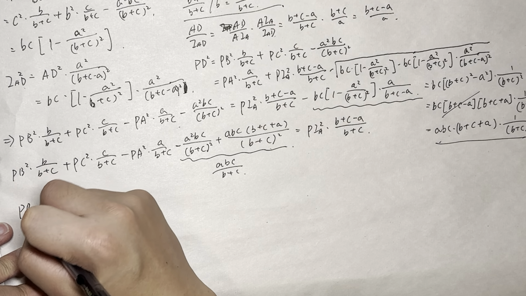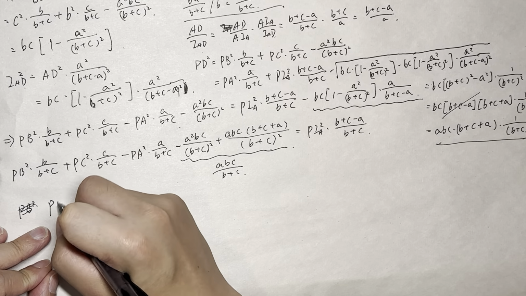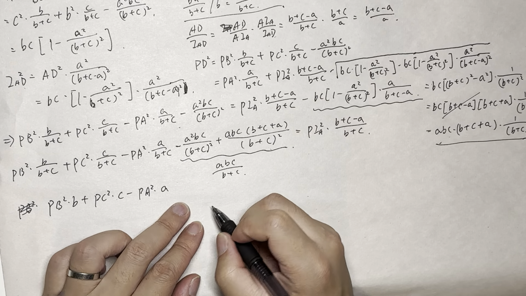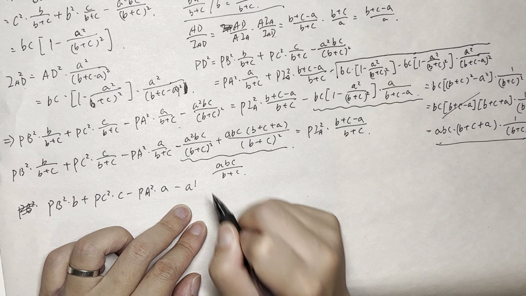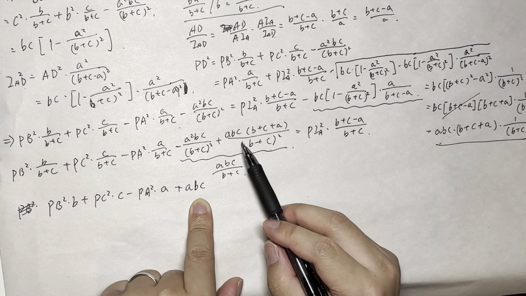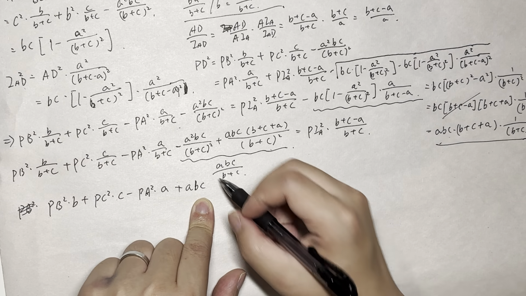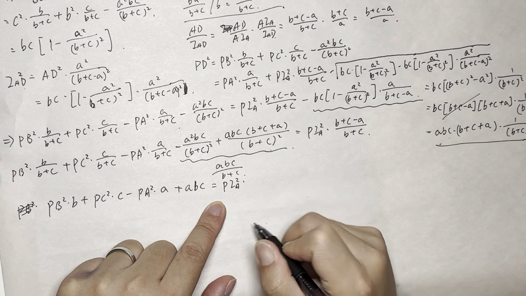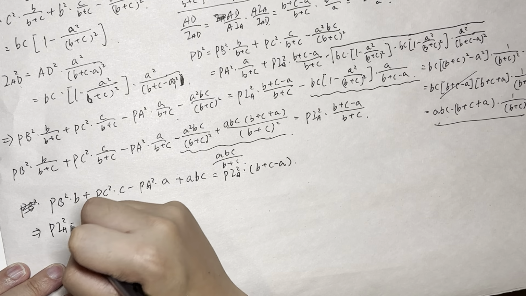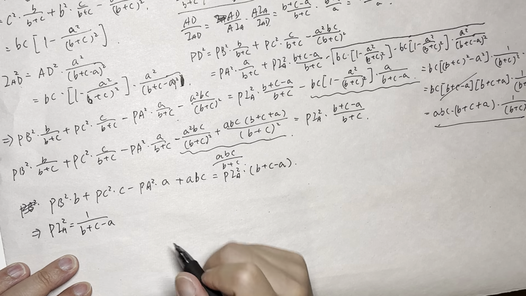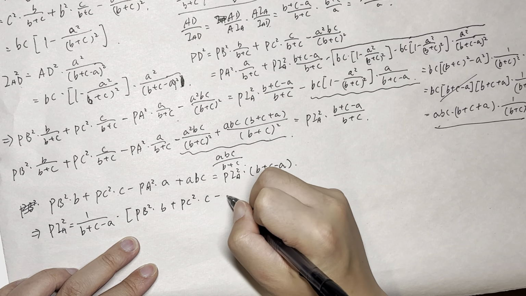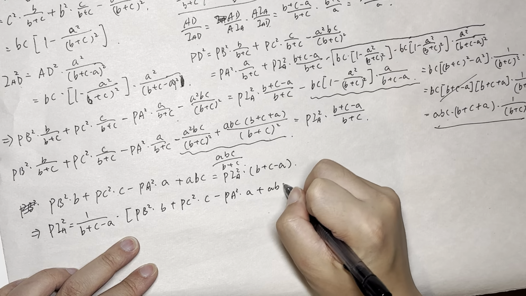Then we got PB squared times B plus PC squared times C minus PA squared times A plus ABC equals PIA squared times B plus C minus A, which means PIA squared equals 1 over B plus C minus A times PB squared times B plus PC squared times C minus PA squared times A plus ABC.